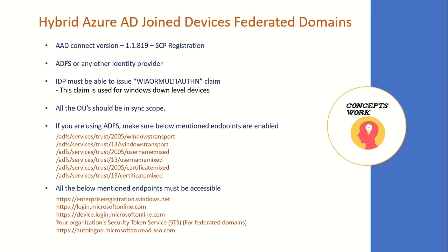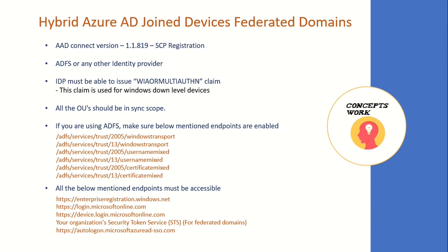The only change you have to make is to add your organization's address as well. What do I mean by this? Let's say my ADFS is adfs.conceptswork.com. I have to add that link in the local intranet zone as well, so that SSO gets completed and the machine gets registered by default.